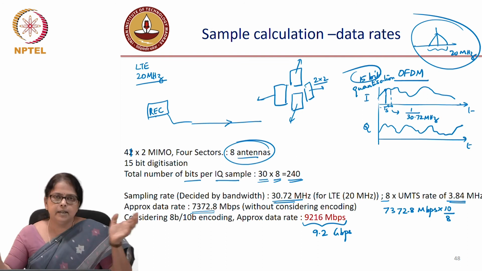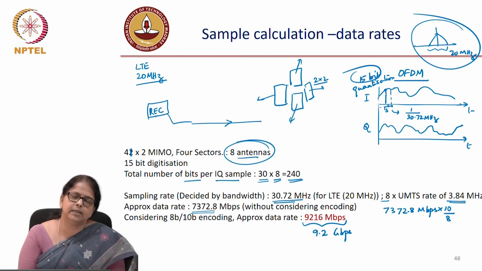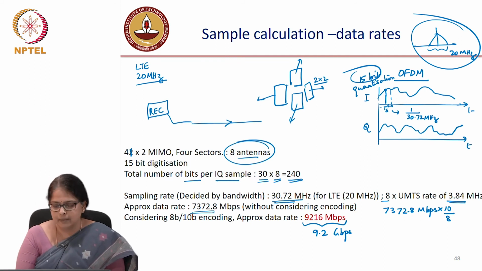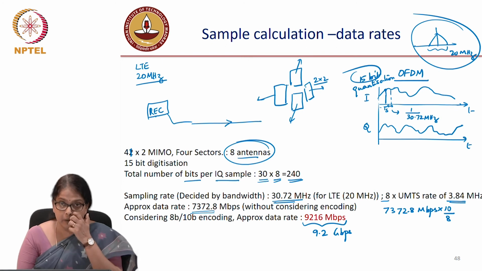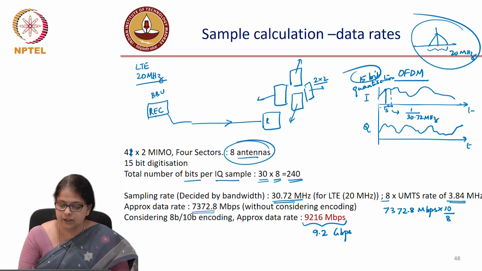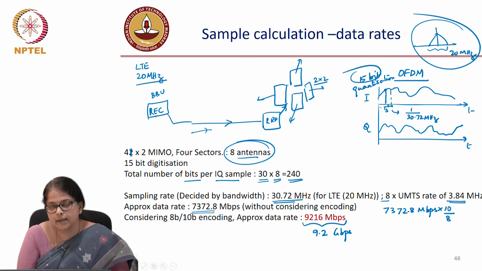You could have increased multiplicity, an increased number of antennas, in which case the data rates handled between the REC or baseband unit and the remote radio head, the RRH, are really staggering.